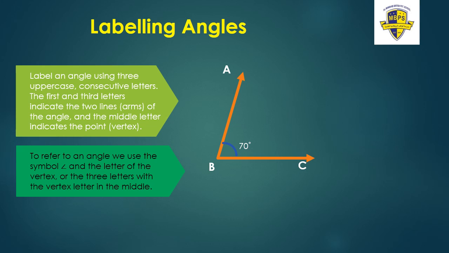But when I say this is angle ABC, the letters A and C indicate the two lines, and the letter in the middle, B, indicates the point, or the vertex, the corner we are talking about. So it's okay, you can say this is ABC, or you can say this is angle B.